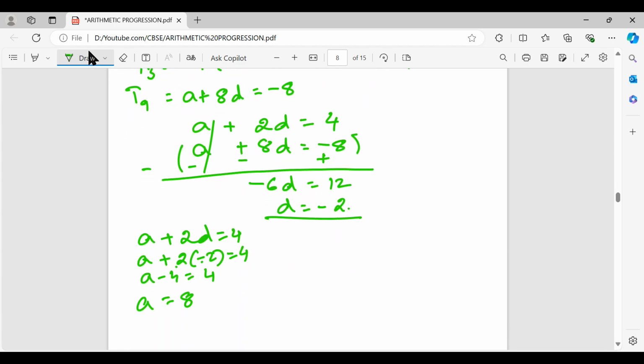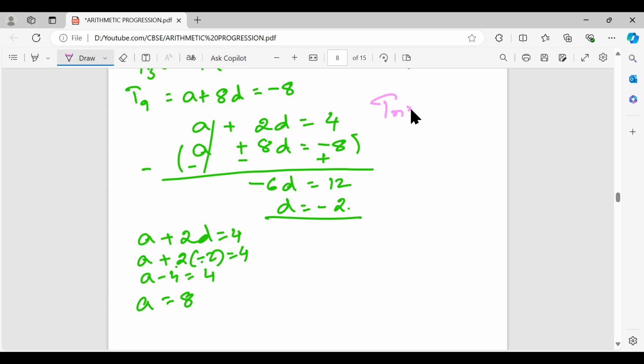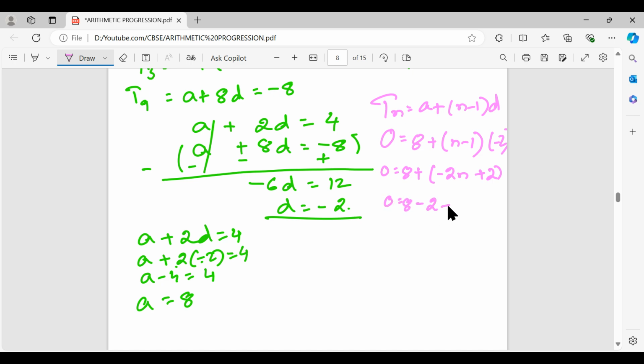So we follow the same rule, Tn is equal to a plus n minus 1 times d. Because we are finding the position of 0, your nth term is 0, a is 8 plus n minus 1, the common difference is minus 2. So you get 0 equals 8 plus minus 2n plus 2.